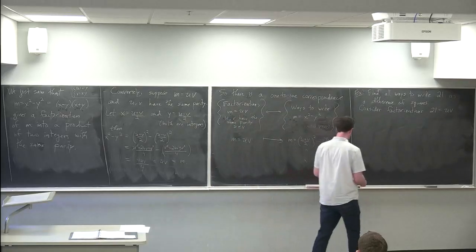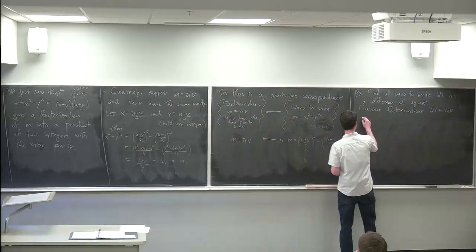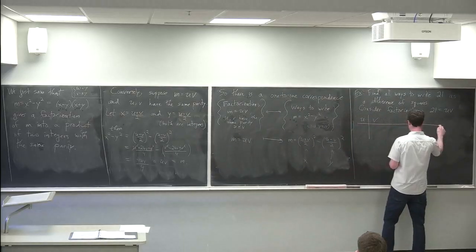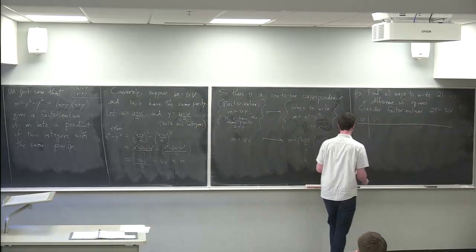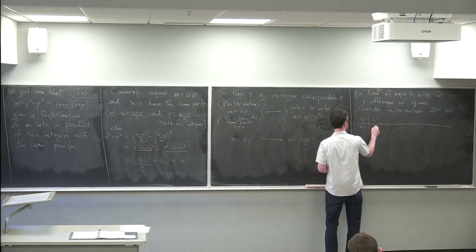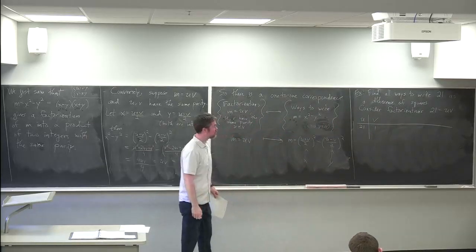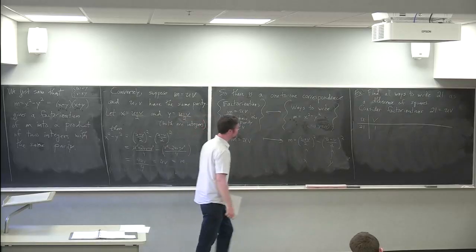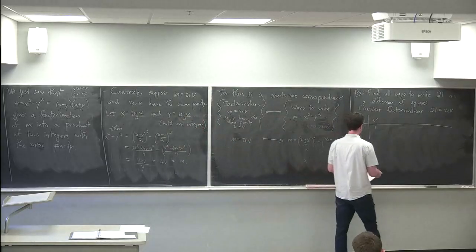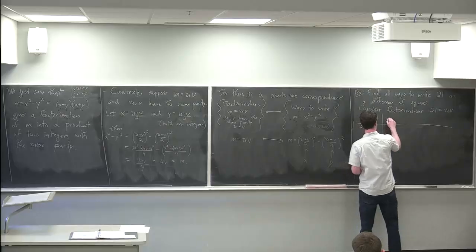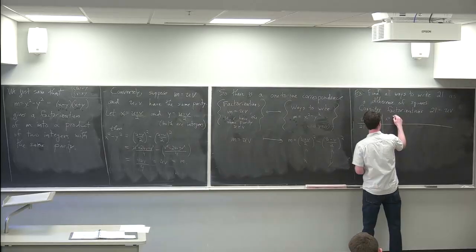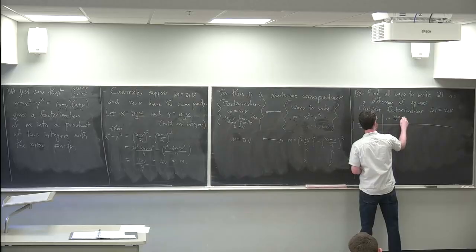Okay, so you consider all the possible ways, and I'll just make a little table because there's not too many here. But, for example, you could take 21 times 1. That counts as a factorization of 21 into a product of two integers. And then what you can get out of that is you get an x and a y, according to these formulas.